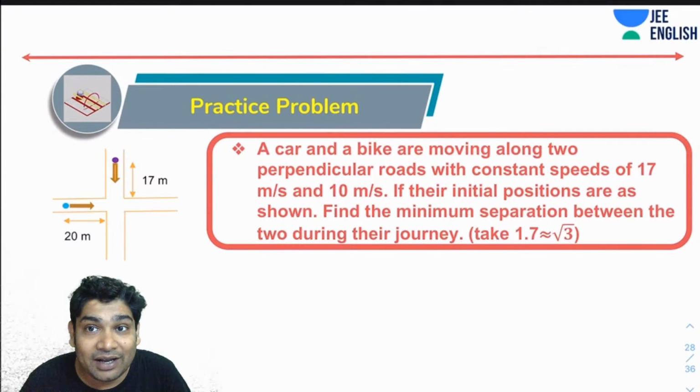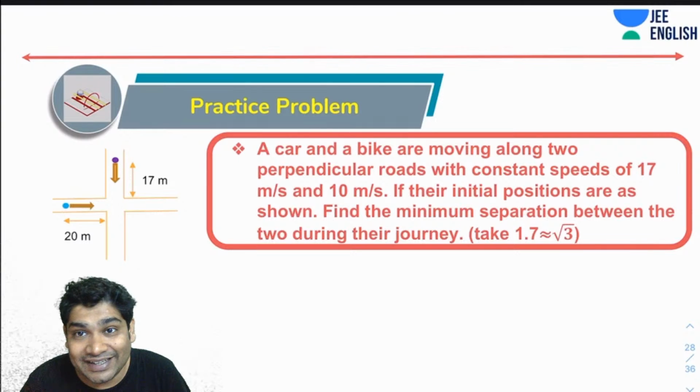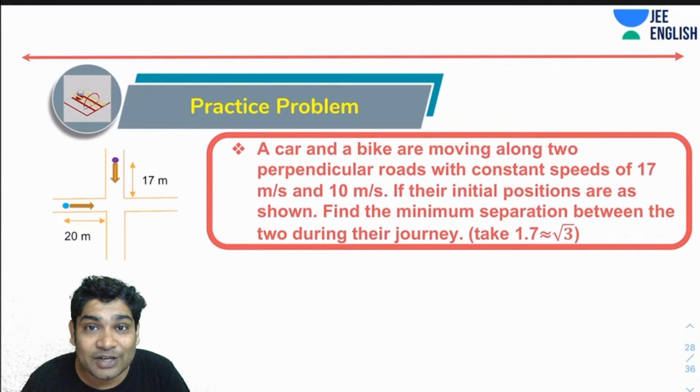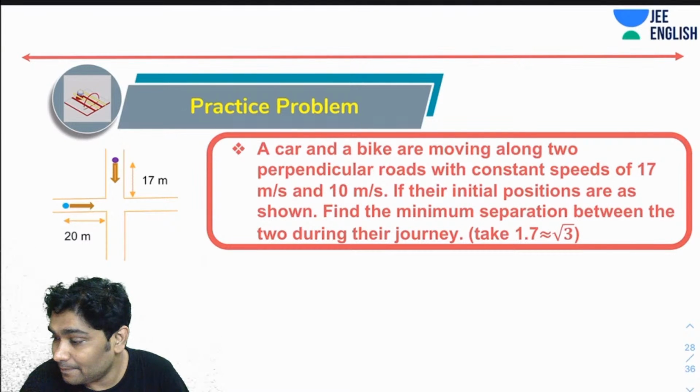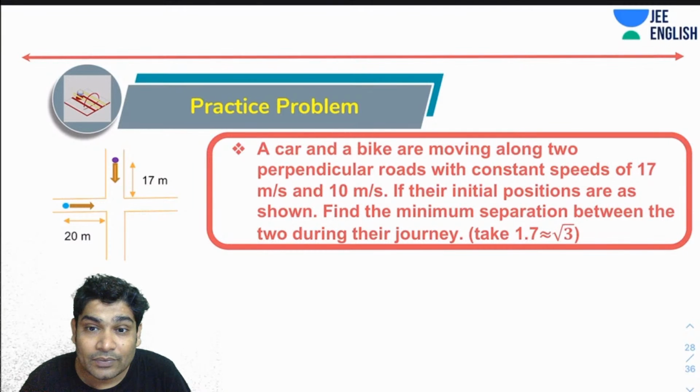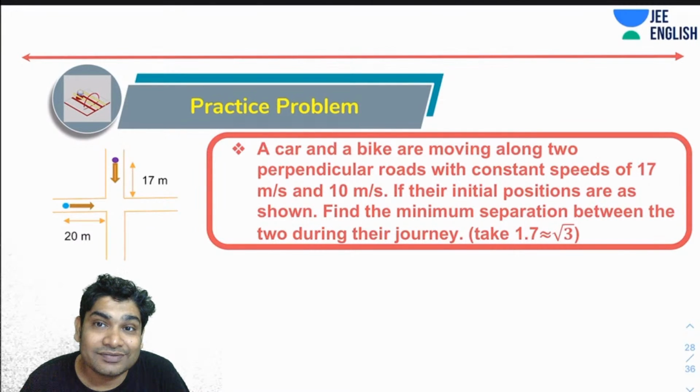A car and a bike are moving along two perpendicular roads with constant speeds of 17 and 10 meter per second. If their initial positions are as shown, find the minimum separation between the two during their journey. All right, let's try this.